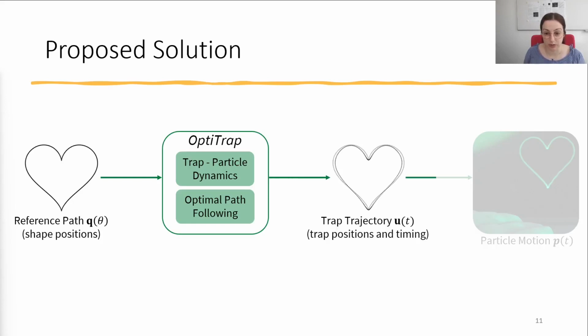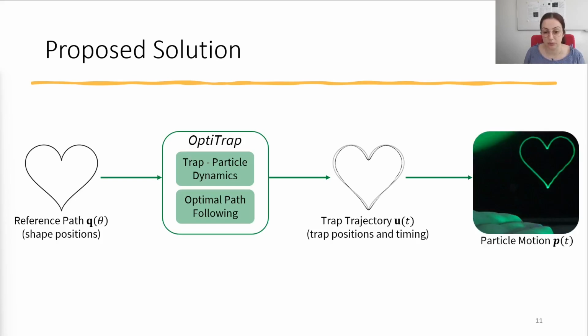As an output, it produces feasible trap trajectories determining both the position and the timings of the trap. Note that the trap positions do not lie on the reference path. These are the black dots in the figure, and the reference path is the gray outline. Finally, the resulting particle motion is executed on the actual device.